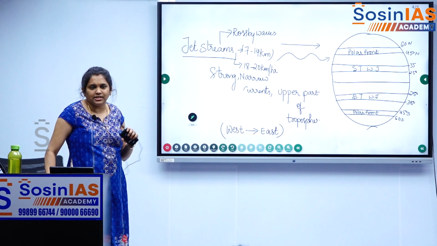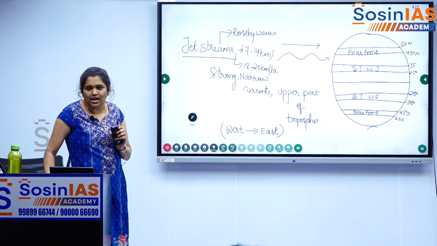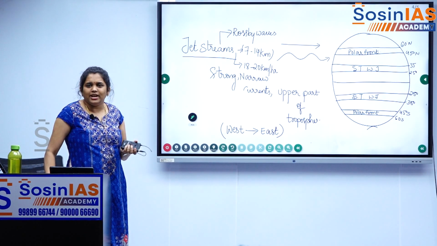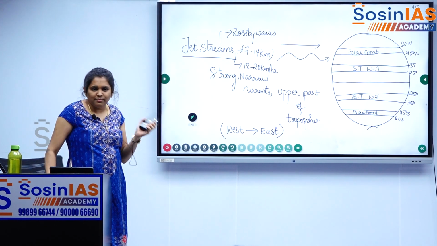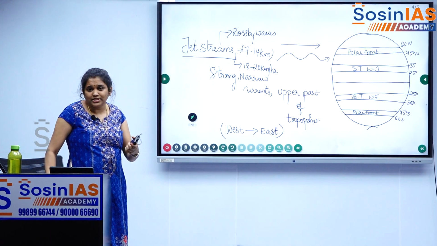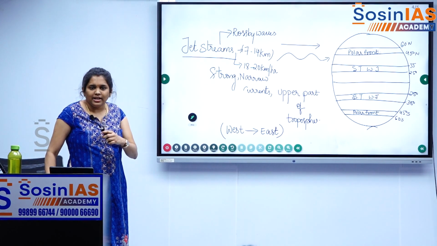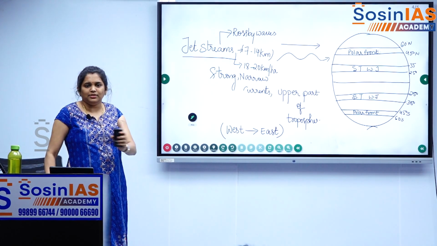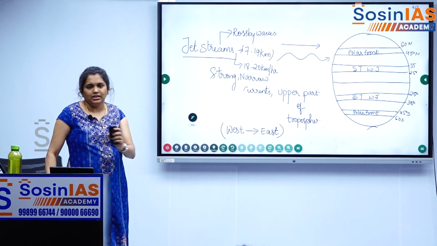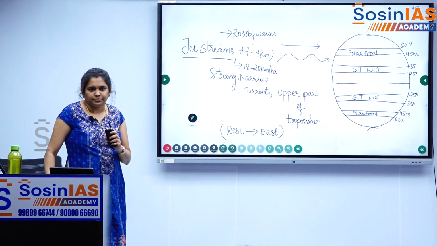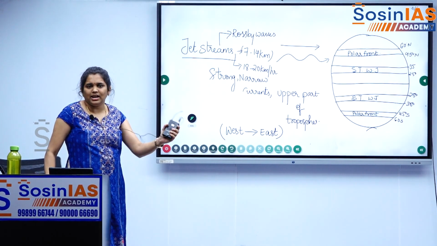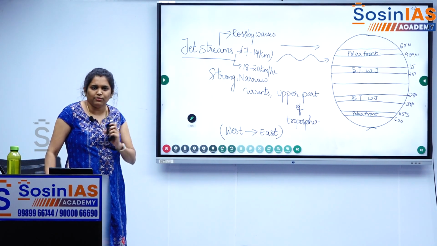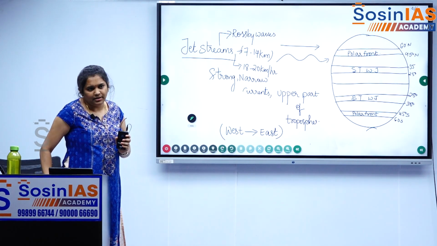In the summer season, we observe different changes happening. Generally, jet streams, because they are at higher heights, must move from west to east. But in the tropical region, we observe some jet streams moving in reverse fashion as well. Agreed? There is no particular reason for it, because they are at a higher height, they are out of influence, so sometimes they will move in reverse manner as well.